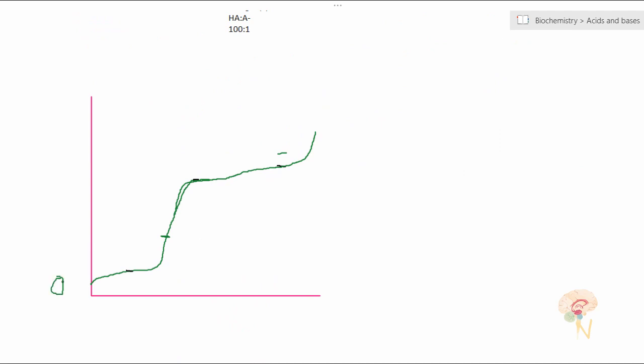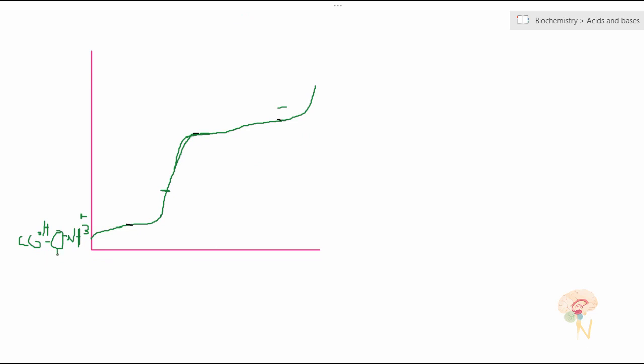Let me draw it. Here, NH3 plus and COOH, all protonated, and SH. Here it will lose this H, so it is COO minus, NH3 plus and SH.